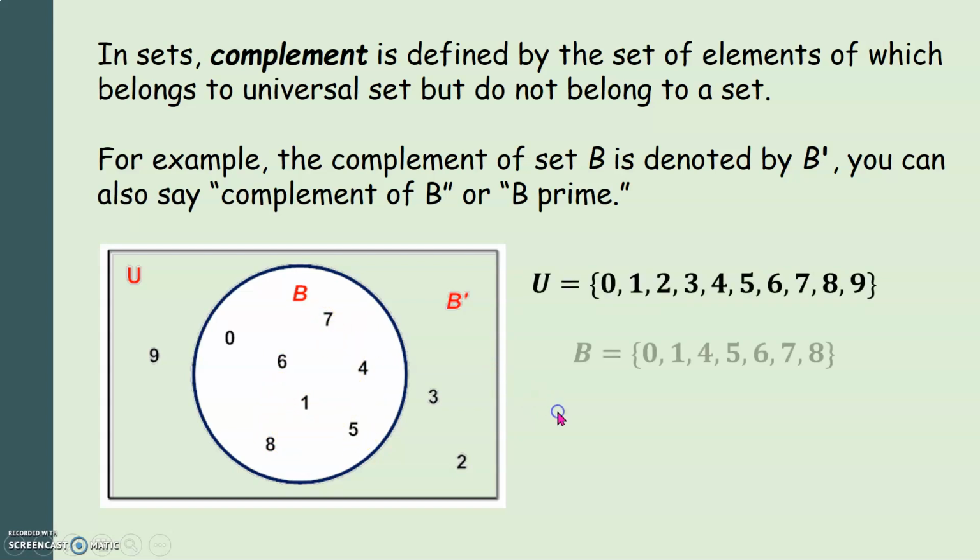Now B prime, or the complement of B, are the elements that are in the universal set but do not belong to set B. And these are 2, 3, and 9. So B prime is the set containing the elements 2, 3, and 9.